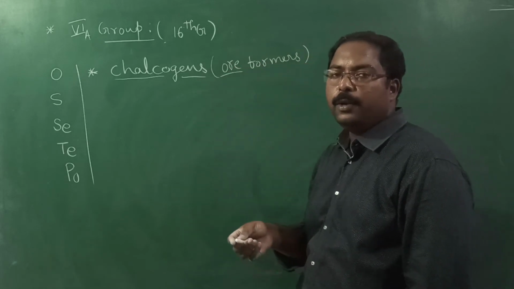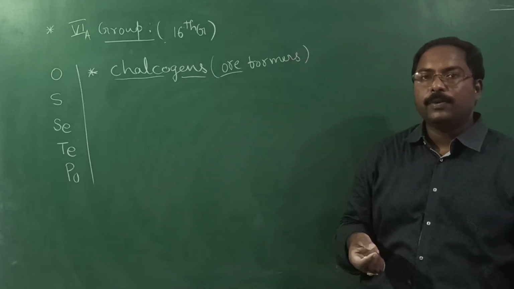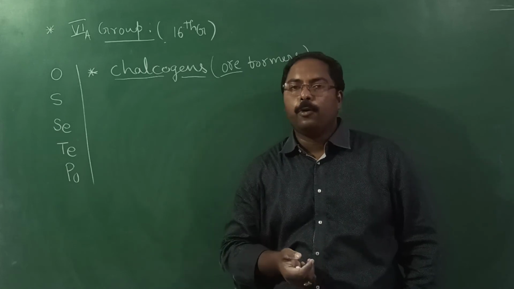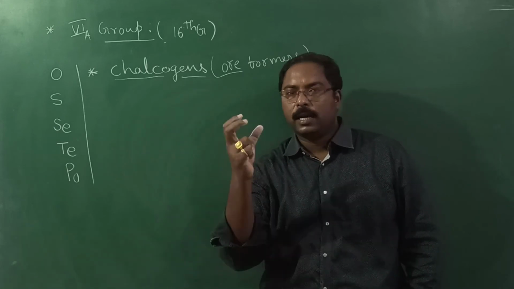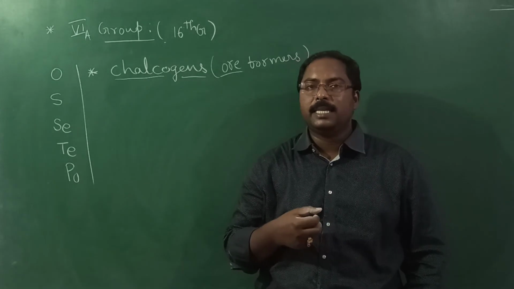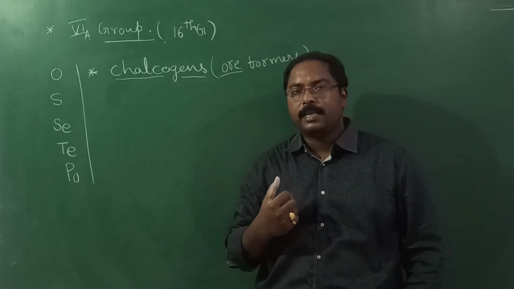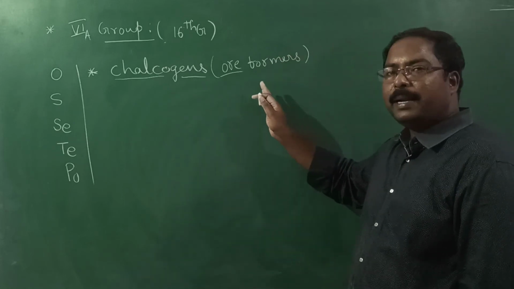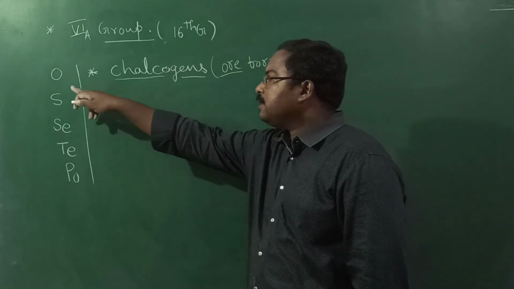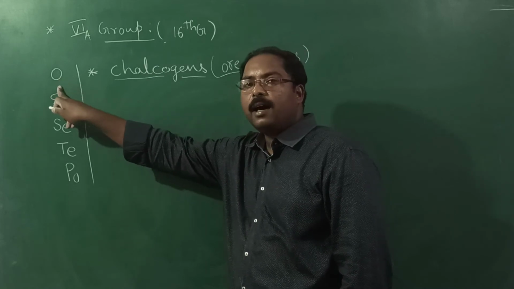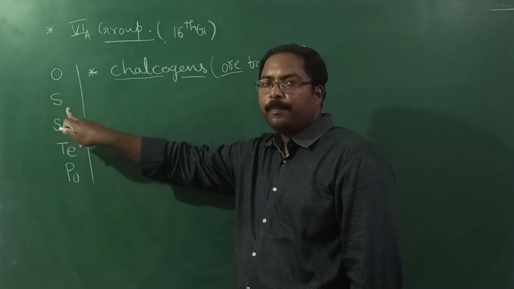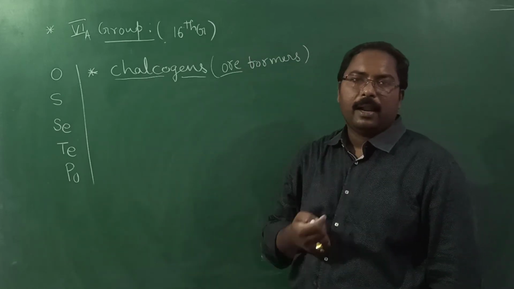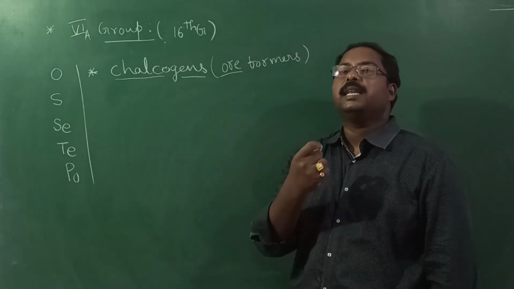Ore means generally minerals and ores. Generally we say how these metals are available in nature, mostly in compound form. The compound form in which they are available in nature is known as minerals or ores. Okay, so most of these metals are available as the respective oxides or sulfides, except the very rare noble metals like gold, silver, platinum, the less reactive metals.